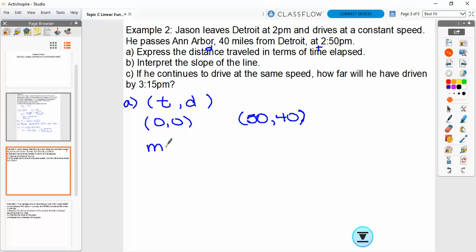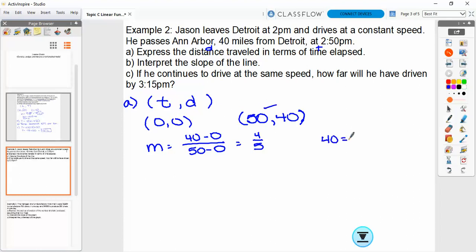Okay, so let's write this equation. Slope is y2 minus y1 over x2 minus x1. So we get 4/5 or 0.8. We need our y-intercept, although it's pretty easy here. If you plug into y equals mx plus b, you just take one of your points.